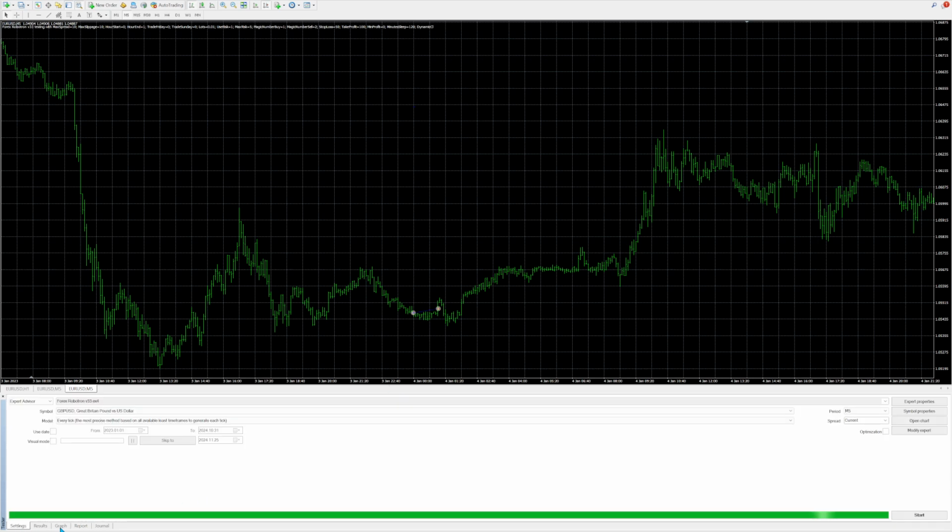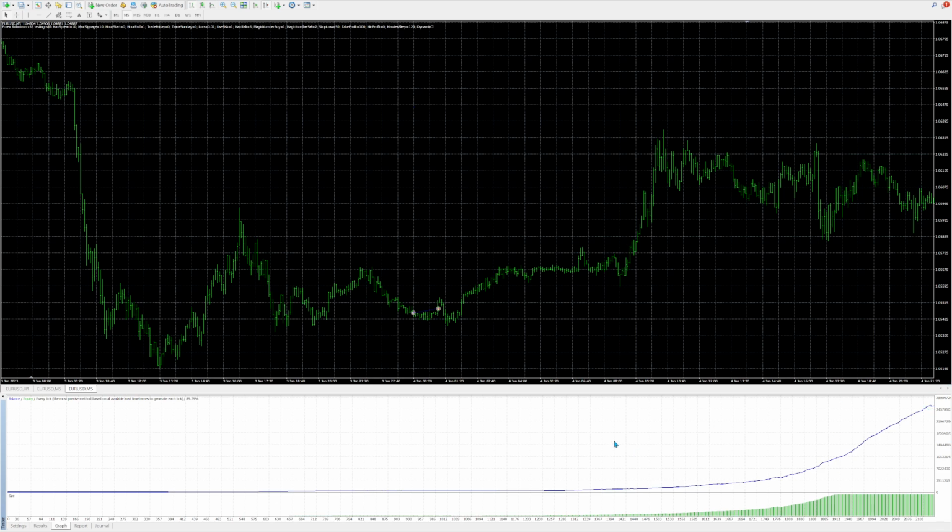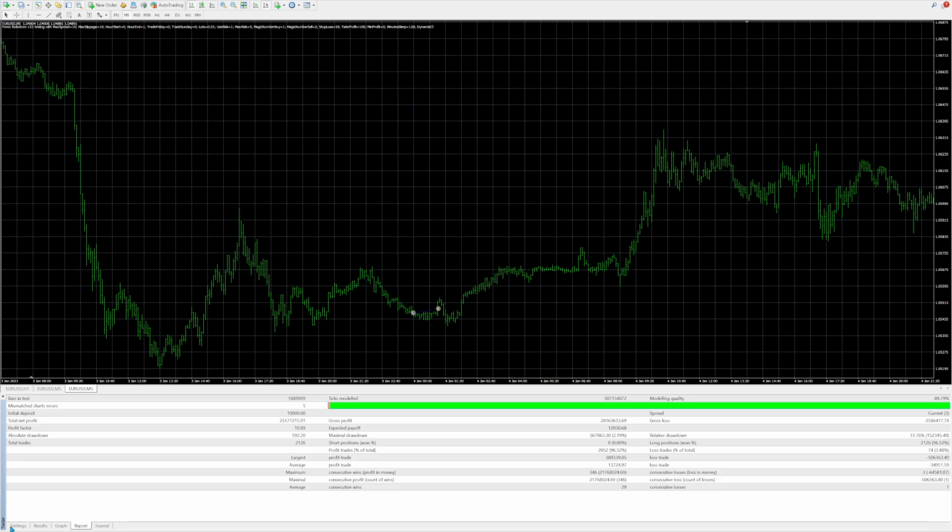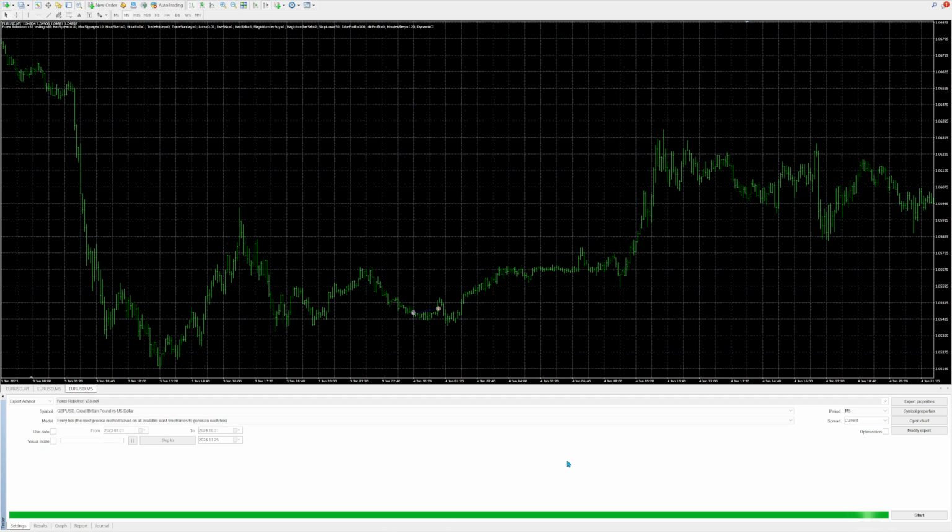Bearing in mind this is a backtest, it does look good in theory, but it's a 90% modeling quality, or 89%, just probably missing a few minor data ticks there. But yeah, the potential is certainly there. Obviously, brokers, spreads, commissions and slippage will have an impact.